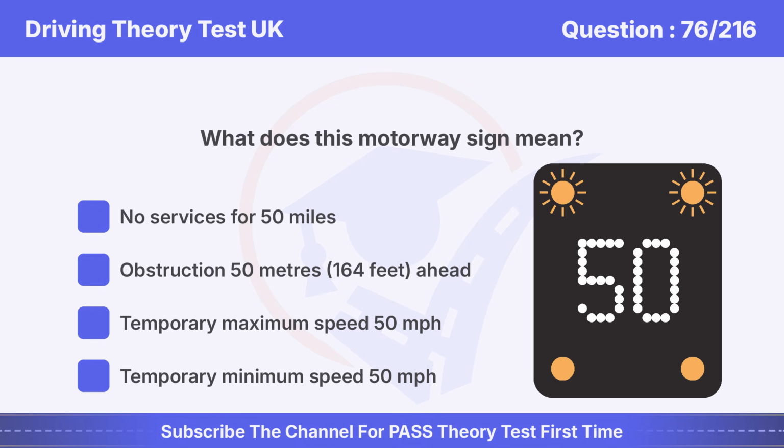Question 76. What does this motorway sign mean? Answer is C. Temporary maximum speed 50 miles per hour.